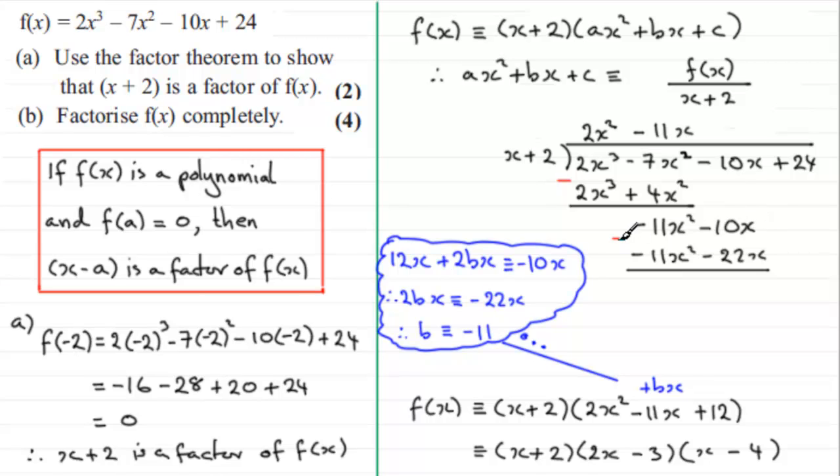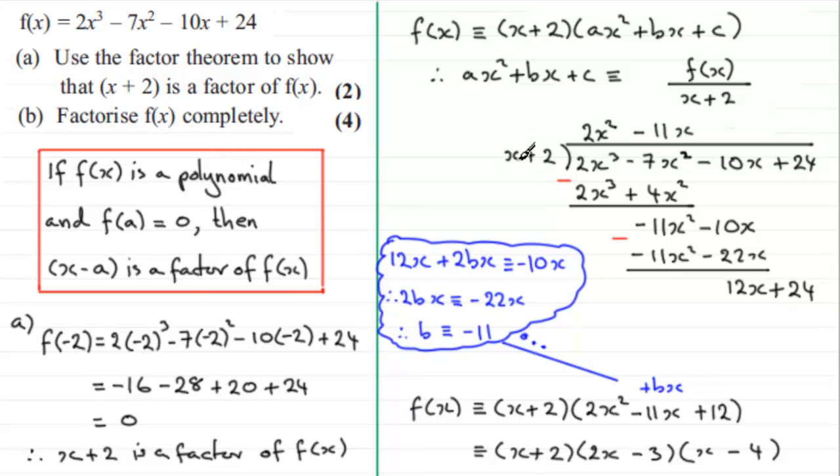Minus 11x squared minus minus 11x squared is 0x squared, nothing. Then we have minus 10x minus minus 22x, in other words minus 10x plus 22x, which is going to be 12x. We now bring down plus 24, and again we repeat the process.